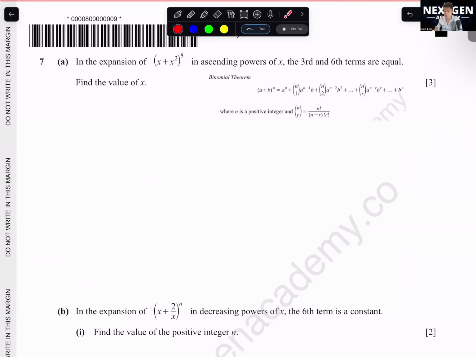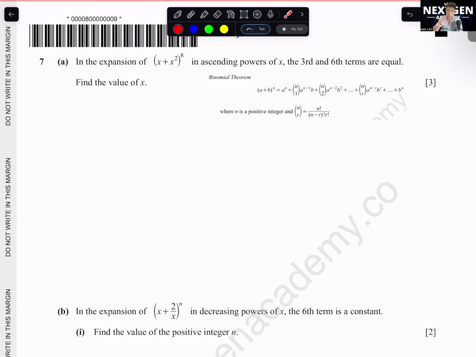So is it 8C3 or not, your third term? Is it 8C3 as your third term, and 8C6 as your sixth term? This is the common mistake. It is not. Why?